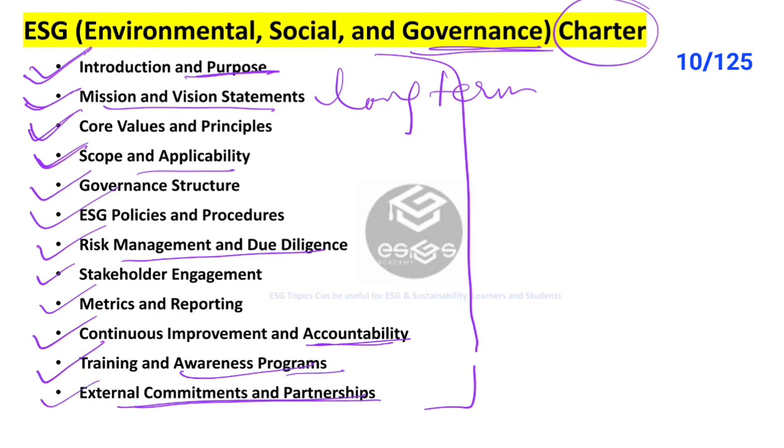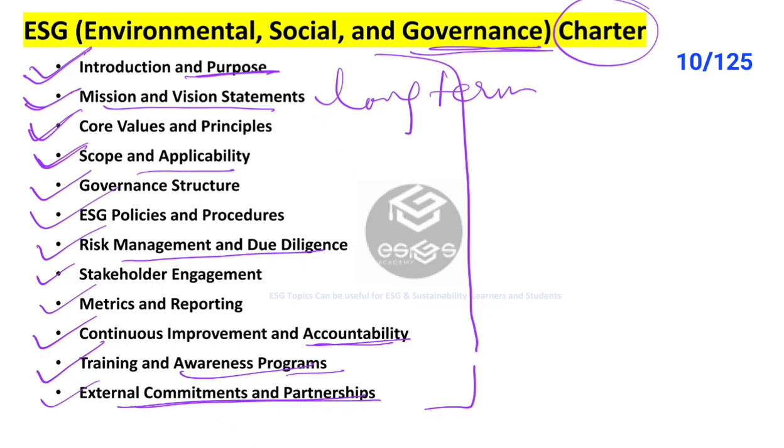External commitments and partnerships. We demonstrate the organizational commitment to external initiatives such as UNGC, United Nations Global Compact, Sustainable Development Goals and other relevant frameworks, and explore the opportunities for collaboration and partnership with the stakeholders to advance sustainability goals.